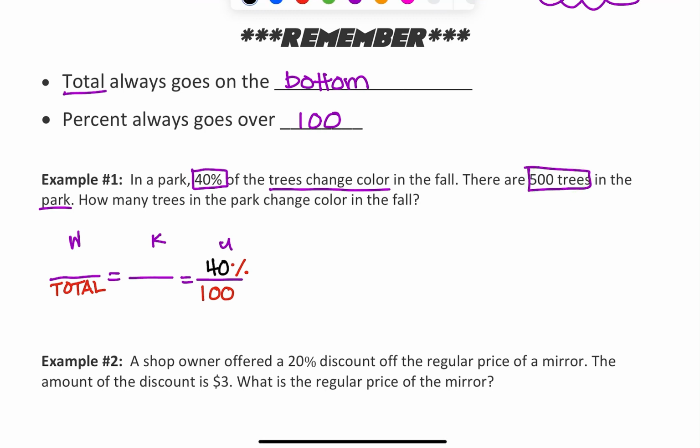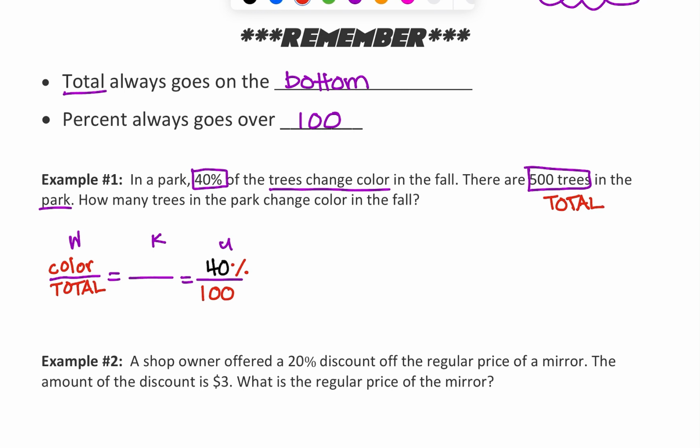So in this question, I have trees. Some of them change color, some of them do not. So my word for up top would be color, because we specifically want to know how many change color, and what is my total. So when it says there are 500 trees in the park, that means that the 500 is the total.